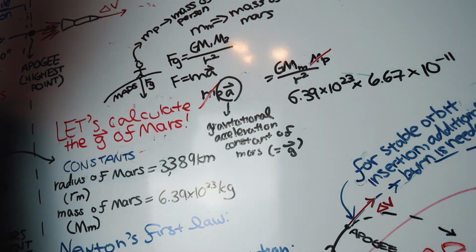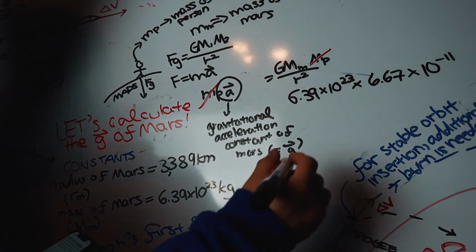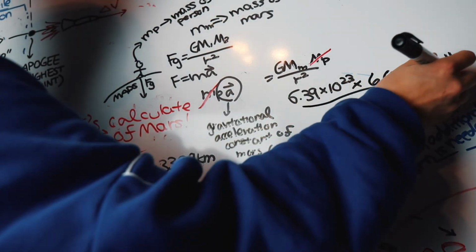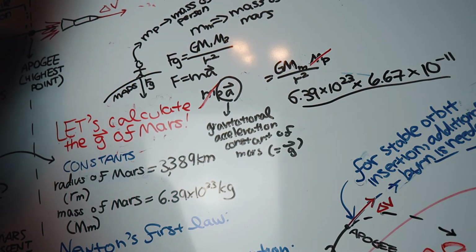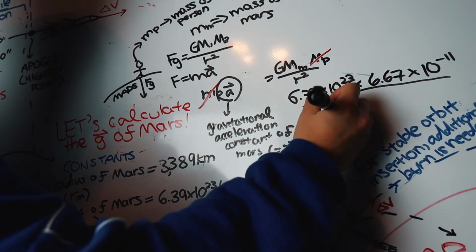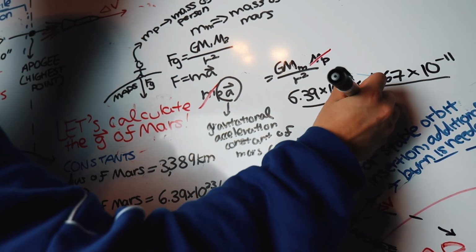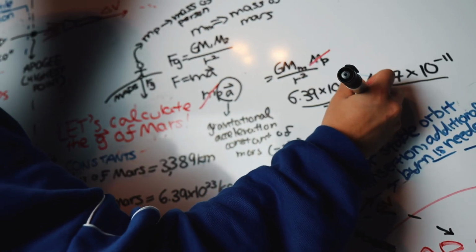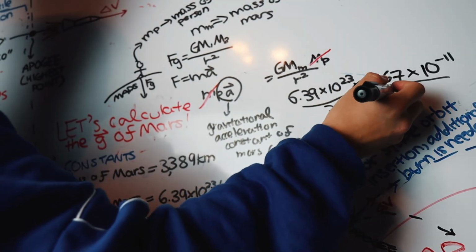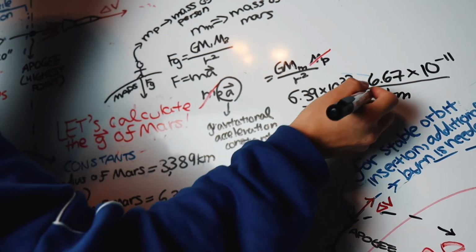Don't forget the negative sign. And this is going to be divided by r to the power of 2, and r, the radius of Mars, in this case, is 3,389 kilometers, squared.